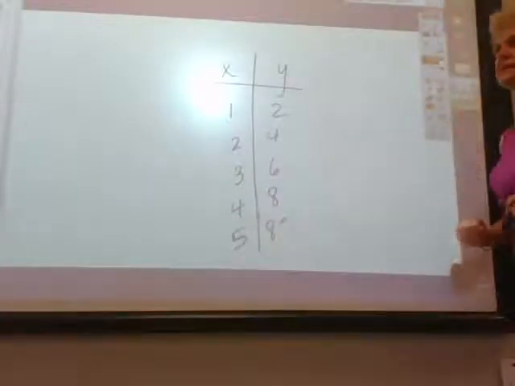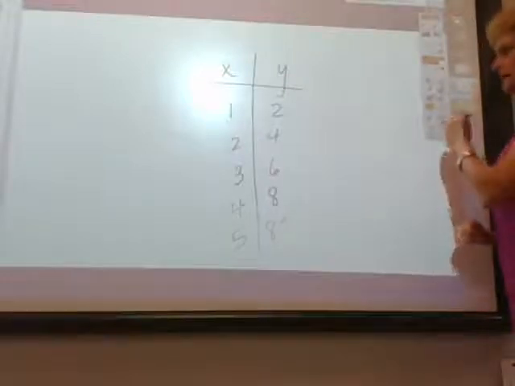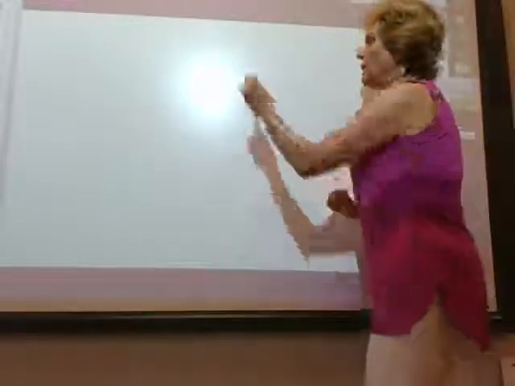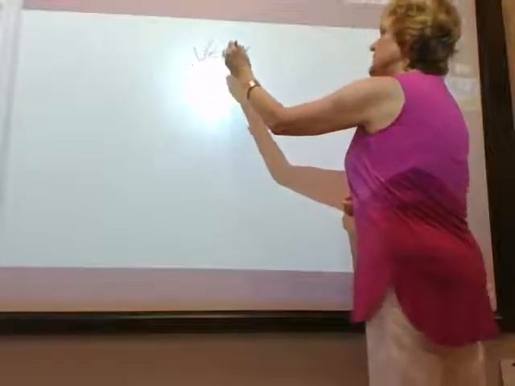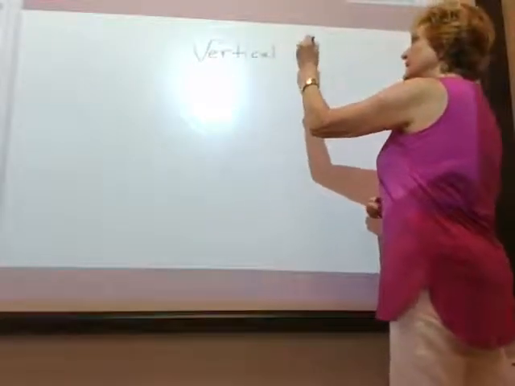Now, how does this manifest on drawings? What we do with drawings is the vertical line test.